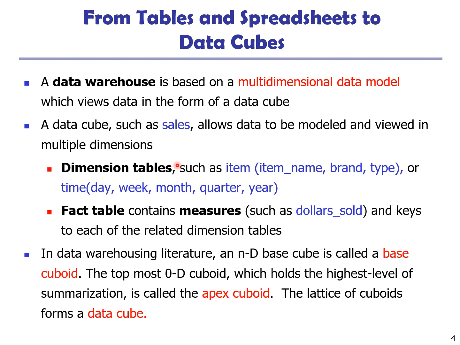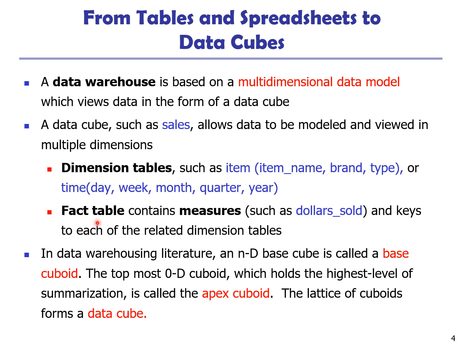For example, items: item name, brand, type, or, for example, another dimension, which is time: day, week, month, quarter, year. So these are dimensions about sales. Sales have the item dimension, which means information about the items that are sold, and time, which is the time dimension of when the sale took place.